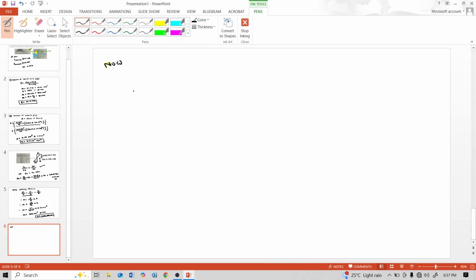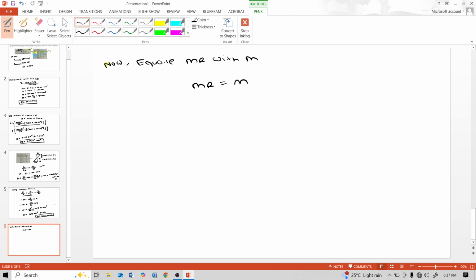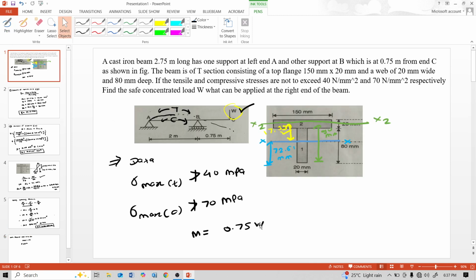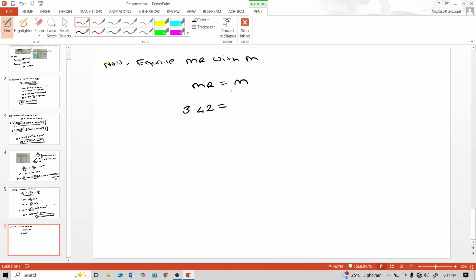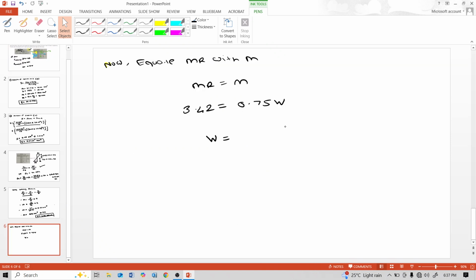The moment of resistance is 3.42 kilonewton meter, and the moment is 0.75 W. So the safe concentrated load W is 3.42 divided by 0.75, that means 4.56.